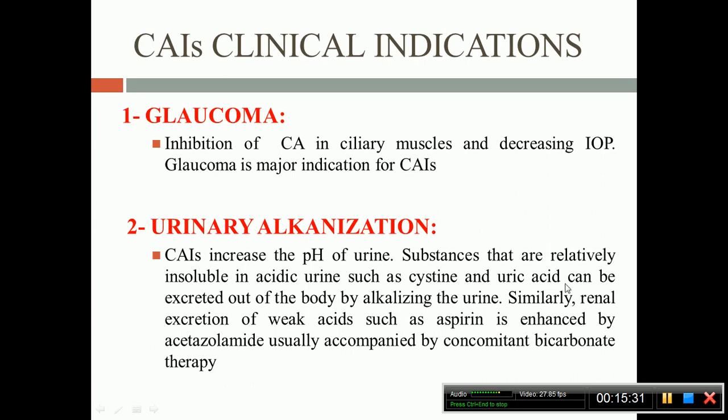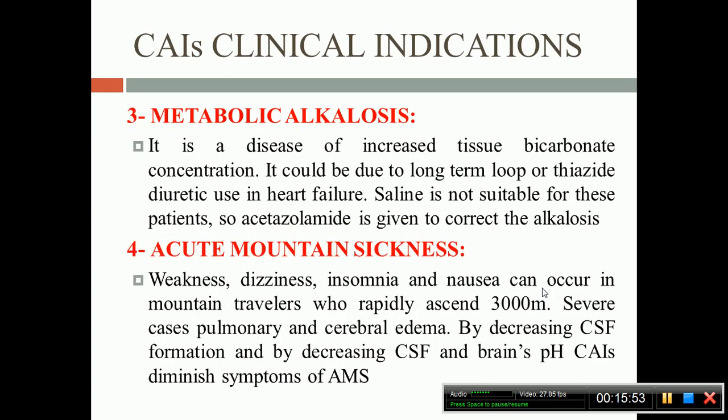So simply what happens, the uric acid or the slightly acidic substances or weak acids will become ionized in the basic pH. So ultimately they will cause excretion of these substances.